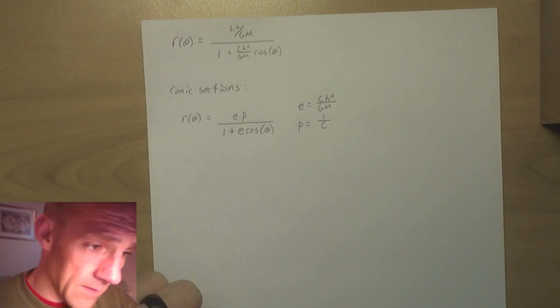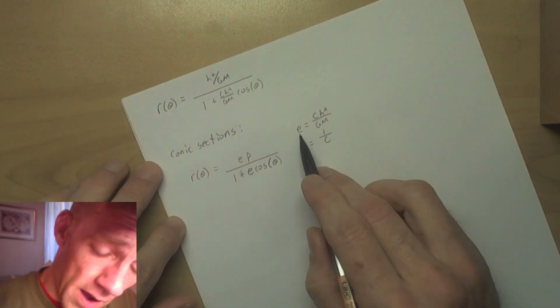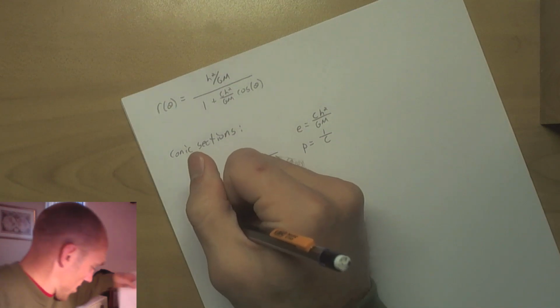Now, the nature of the conic section, you guys can look it up, but the nature of the conic section is determined by this parameter E. E is called the eccentricity.